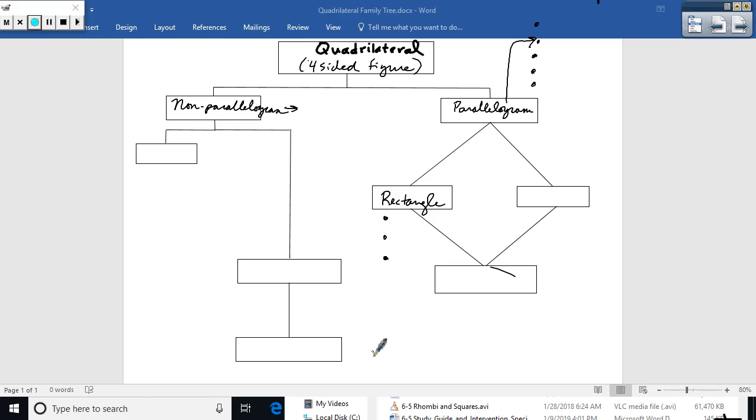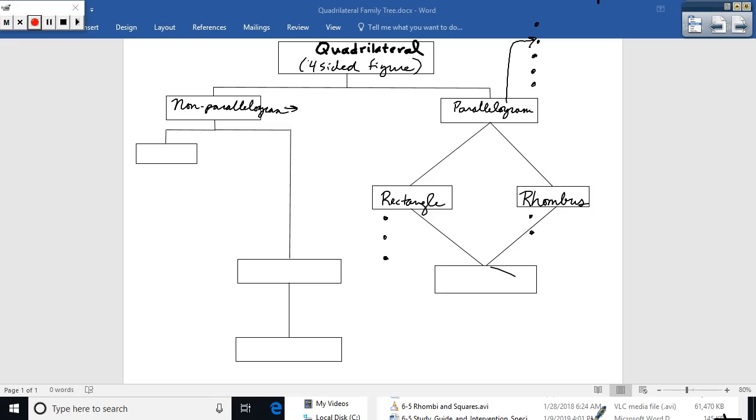If we move over to the rhombus, okay, the rhombus, by definition, has 4 congruent sides. The second characteristic of the rhombus is that the diagonals are perpendicular.